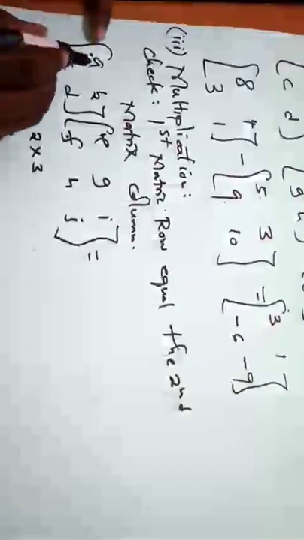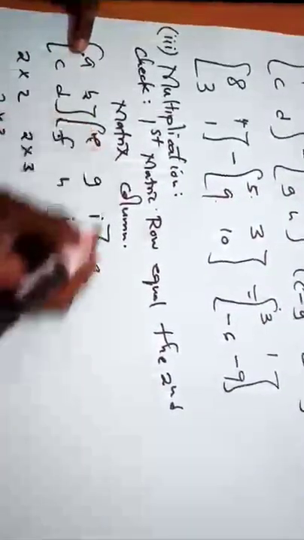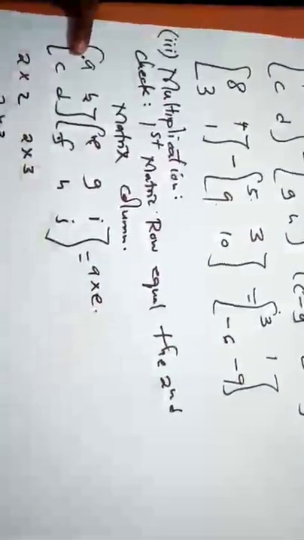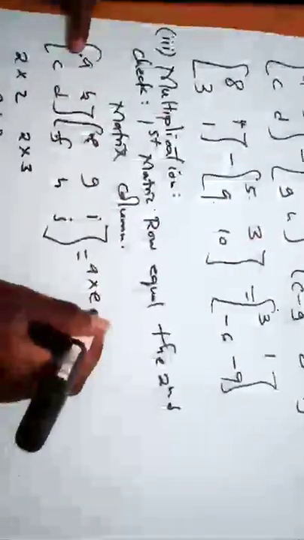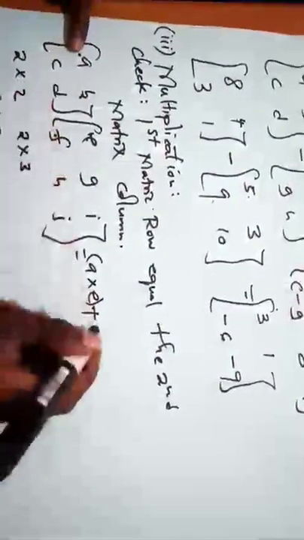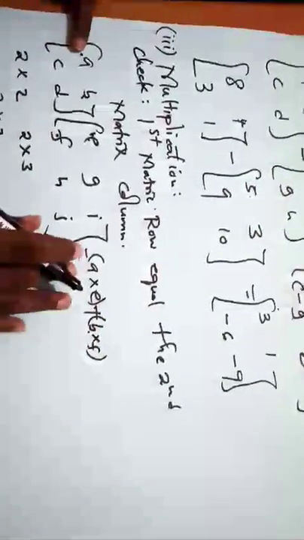So the first thing we do, we take A, we multiply E. That's our first case. Then we are going to add B multiply F. That's for the first element.